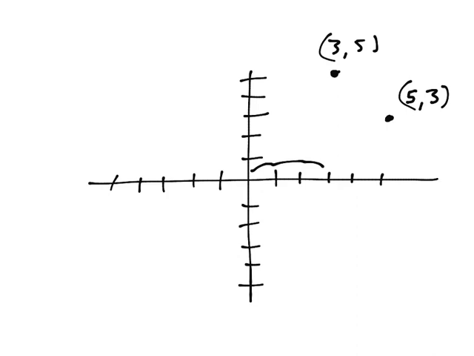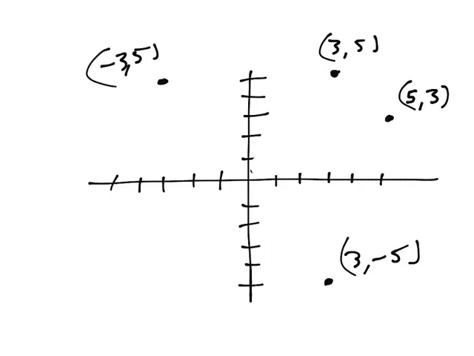If it had been 3, -5, then we'd still come over positive 3 in the x direction, but we'd go down 5 in the y direction. If it had been -3, 5. Here, -3, -5. And so on. I mean, we could plot any point.